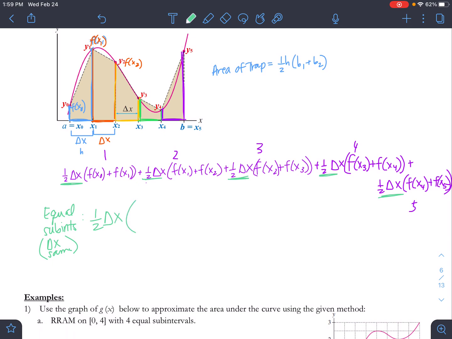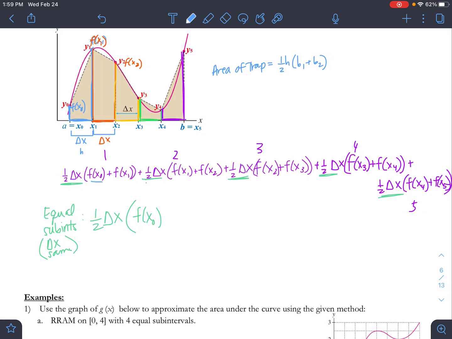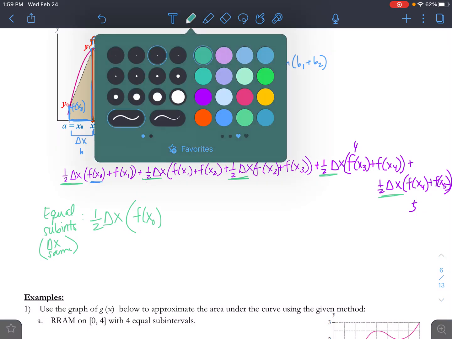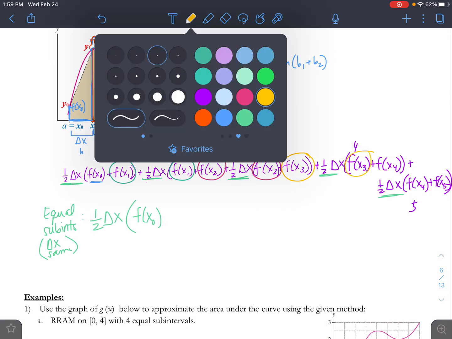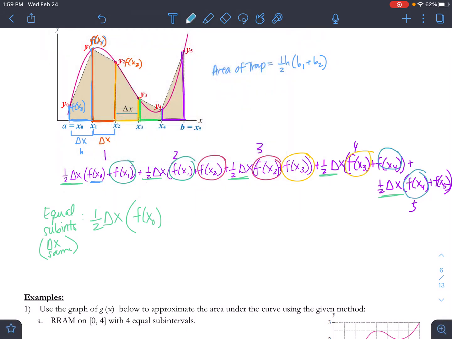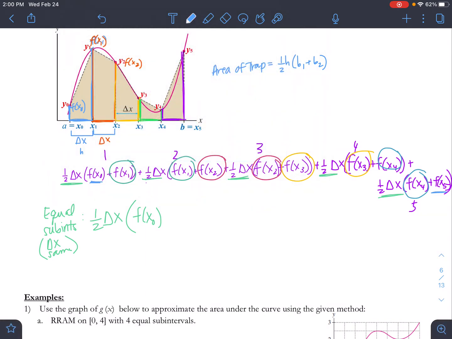Well, you'll notice we have f of x sub 0. That only happens once. Then you've got f of x sub 1, and you've got another one. Then you've got f of x sub 2, and you've got another one. Same thing. All those middle ones, like I showed you guys, repeat. And then you'll notice, last but not least, f of x sub 5 does not repeat.